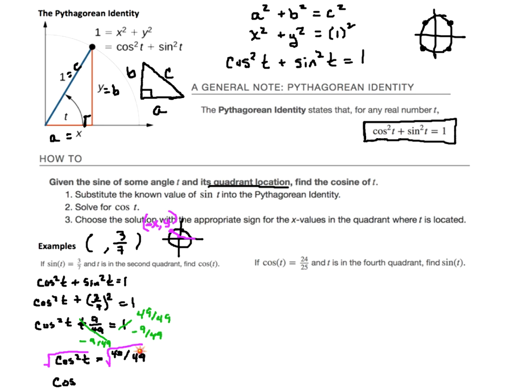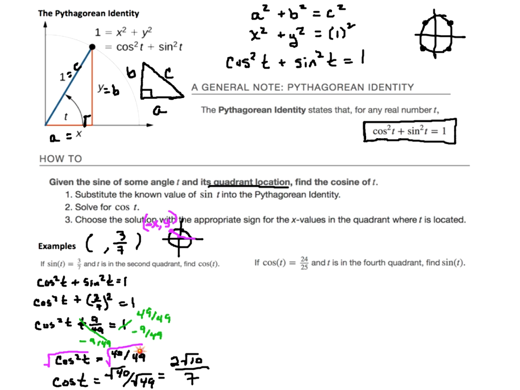And that leaves me with the cosine of t equaling the square root of 40 over the square root of 49. The square root of 40 breaks down into 4 times 10. I can take the square root of 4 and get 2 square root 10, and the square root of 49 is 7.